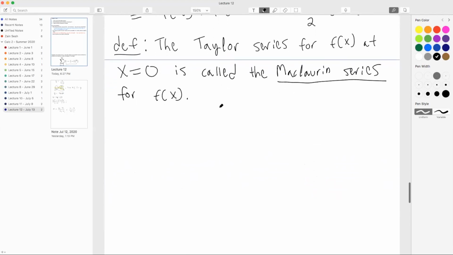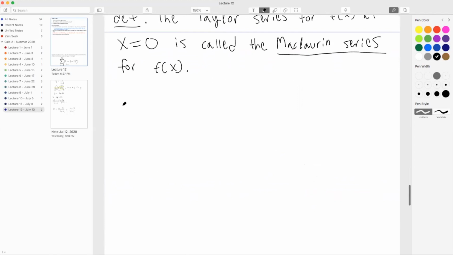All right, so we also give the nth partial sum of a Taylor series a special name. And these actually turn out to be really important in real world applications, which I'll explain a little bit later.